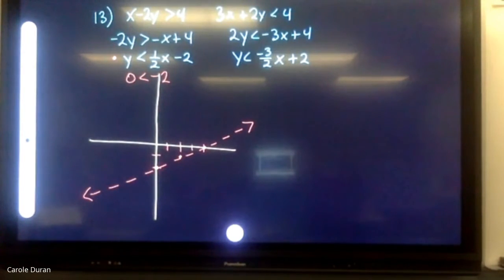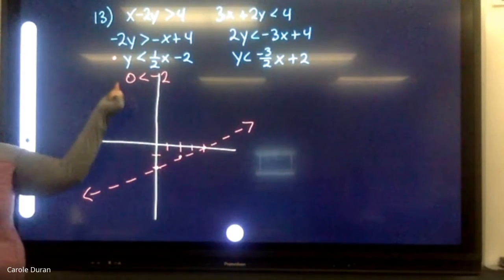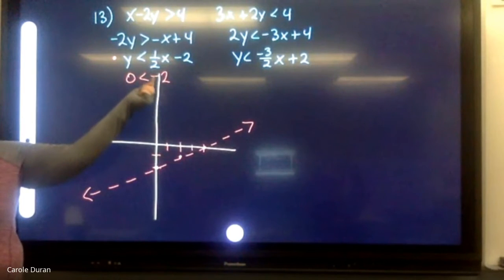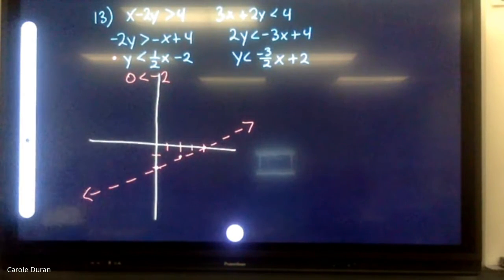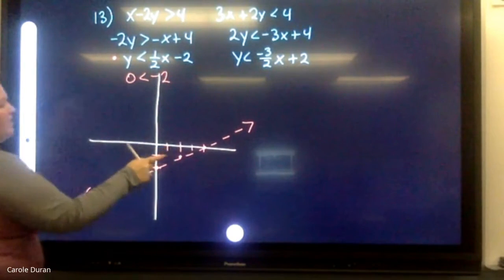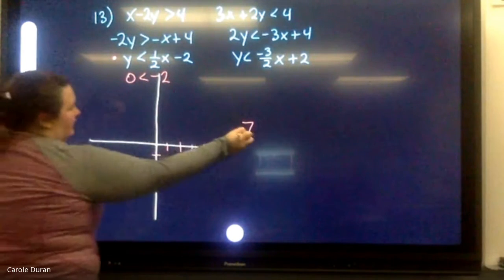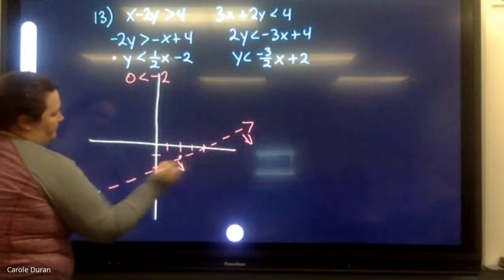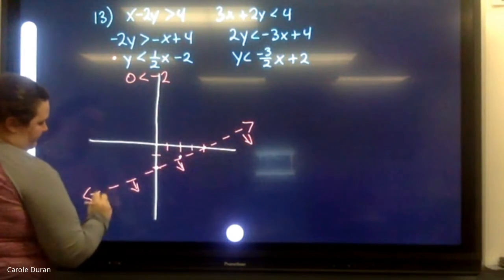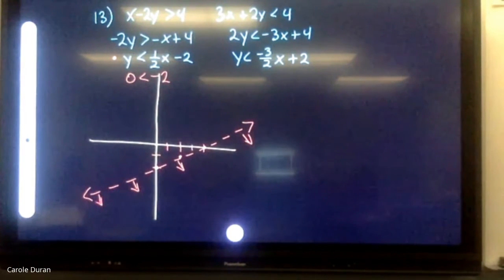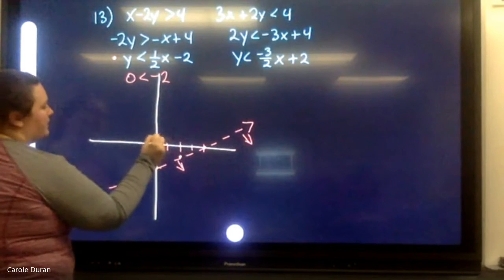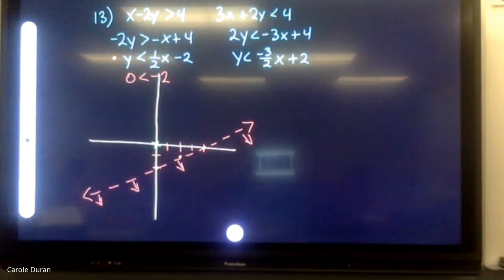No. 0 is bigger than negative 2. A good way to think about it is, is 0 to the left of negative 2 on a number line? The answer is no. So I'm going to shade the direction of the line that goes away from the point 0, 0. If it helps you remember, you can always put an X at where 0, 0 is so we know which direction I'm shading toward or away from.